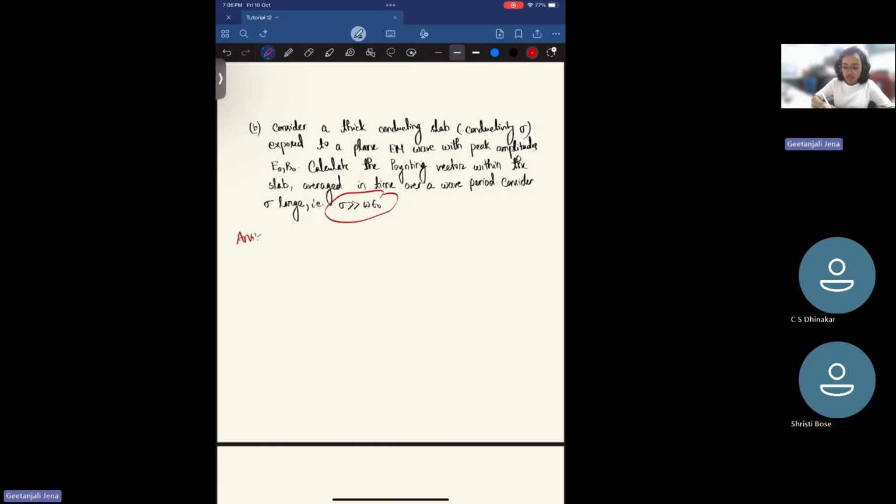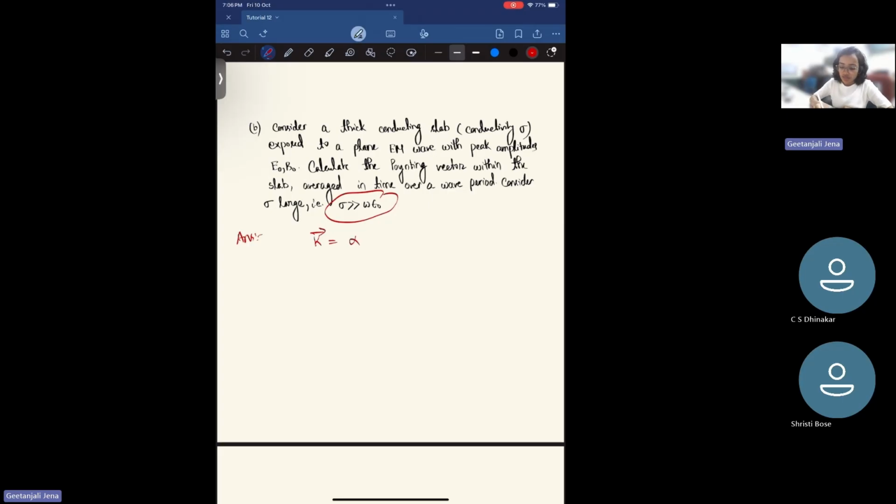If you recall, whenever you have a conducting material, there will be absorption. We are now considering that metals are mostly absorbing. But if you change the frequency region to microwave, metals are not that absorbing. But for now, we are considering that metals are absorbing here. So whenever we have an absorbing material, the wave vector will also have an imaginary part.